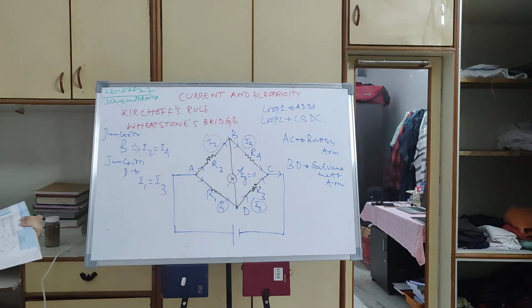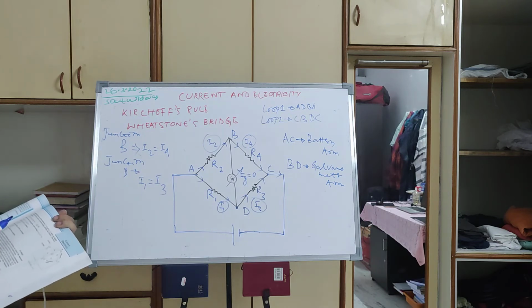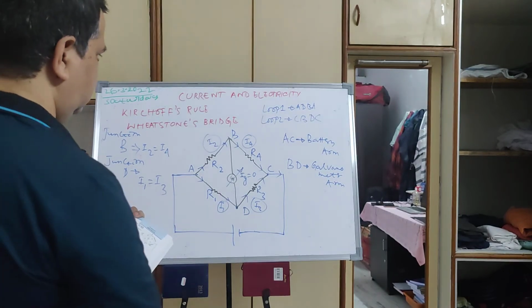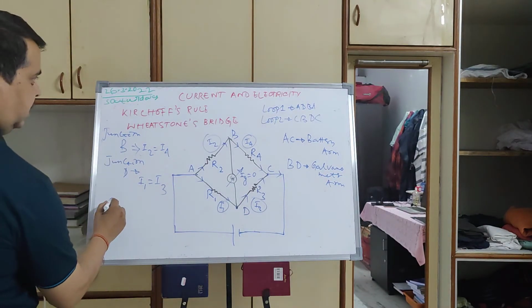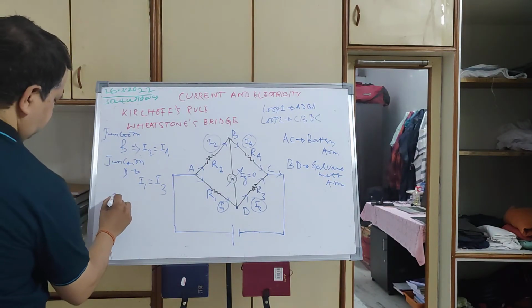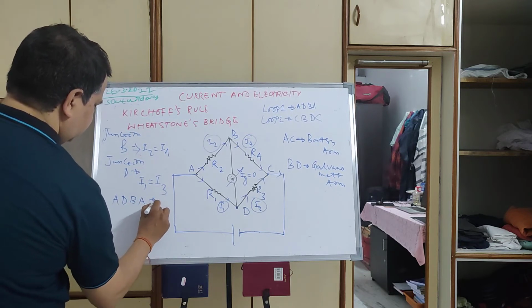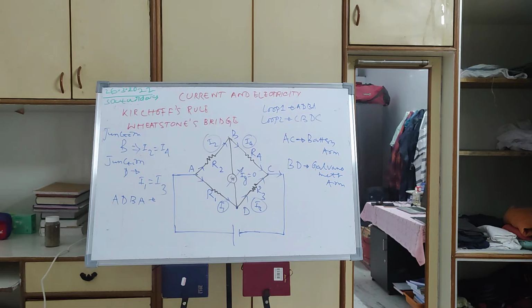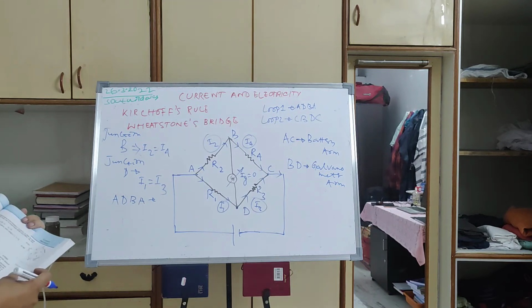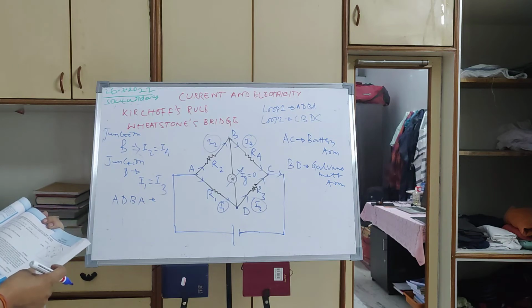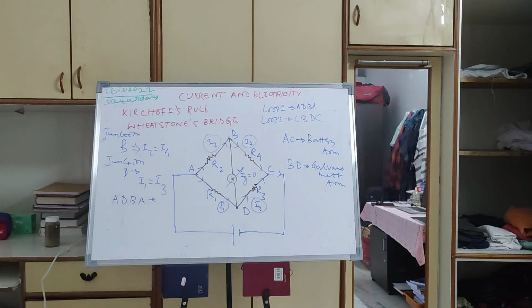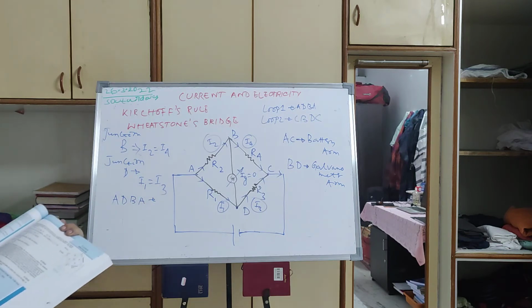Now we apply the rule to the loop ADBA. It will give you I2 R2 minus I1 R1.